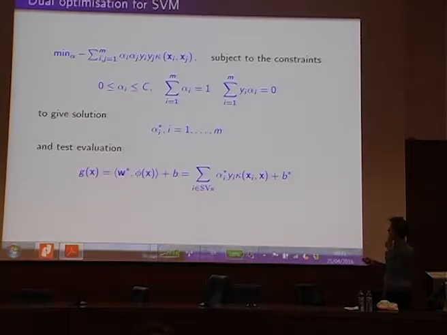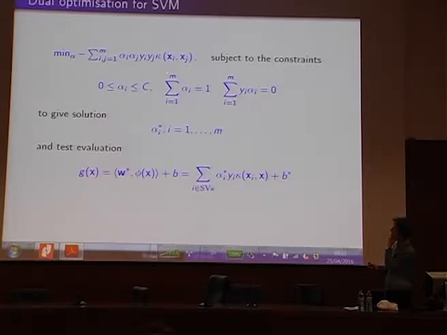They are positive, and the representation of the weight vector W star is, I haven't written it out, the sum of alpha i star yi phi of xi. So it's a linear combination of the training data where the coefficients are alpha i, yi. And this is the thing you minimize, which is basically the norm of the weight vector, effectively, slightly rescaled.